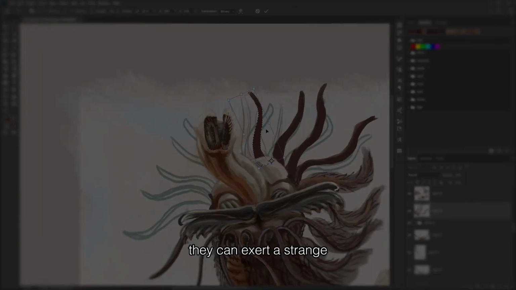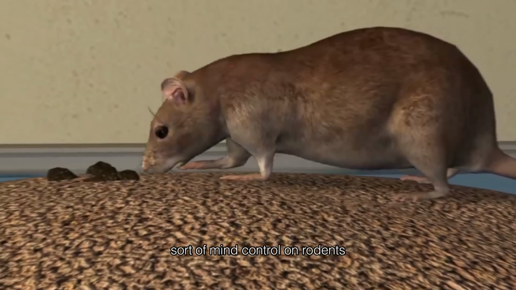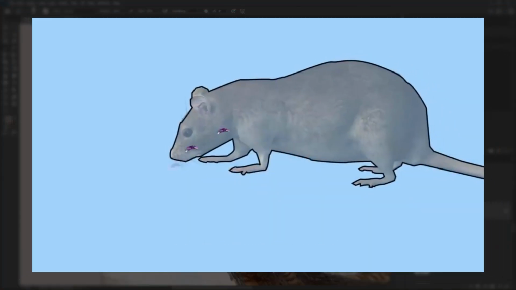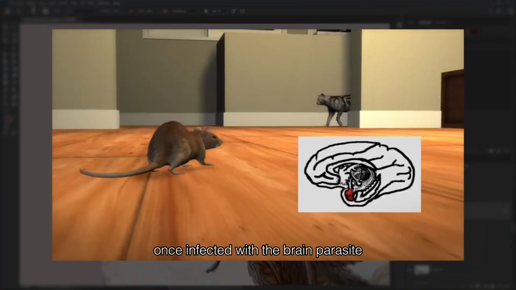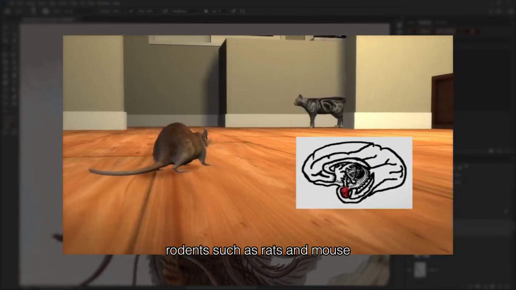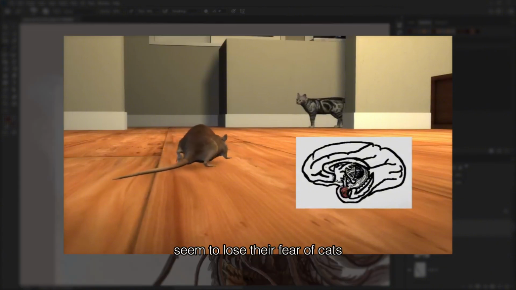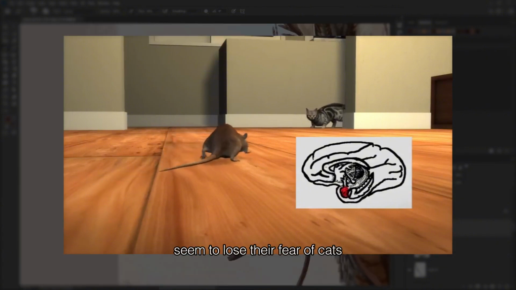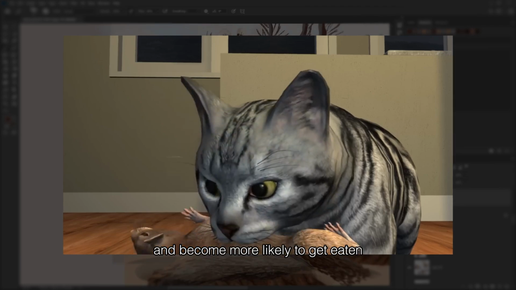They can exert a strange sort of mind control on rodents. Once infected with the brain parasite, rodents such as rats and mice seem to lose their fear of cats and become more likely to get eaten.